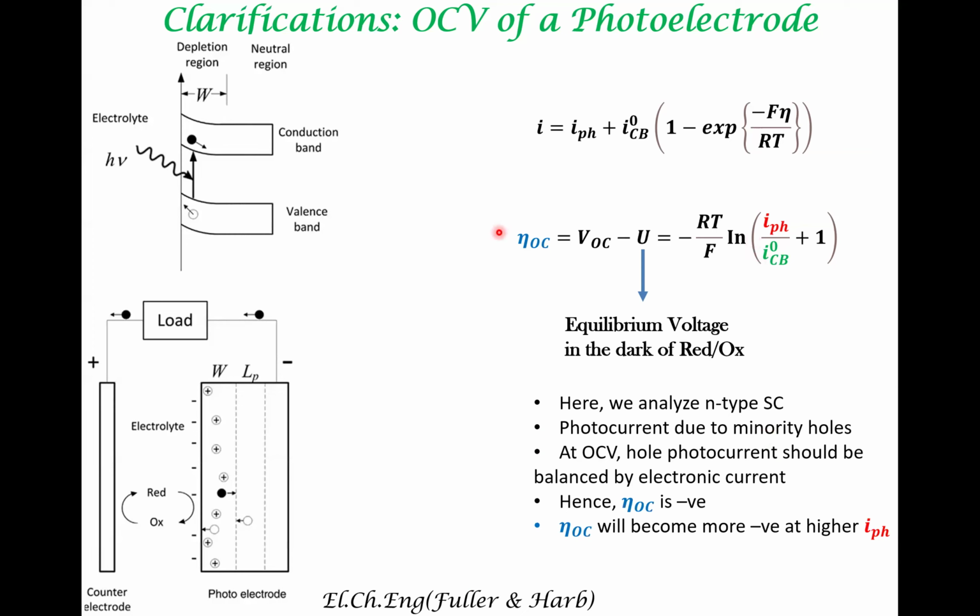Therefore, to have eta OCV in the new condition with increased light intensity, you have to increase this. That would happen when eta becomes more negative at higher photocurrent. So you increase light intensity, this increases, and eta OCV will become more negative, or cathodic, at higher photocurrent.